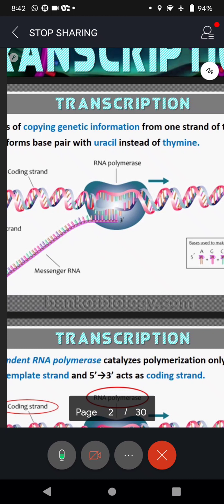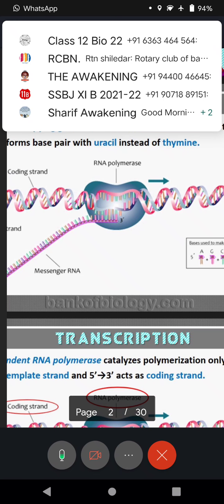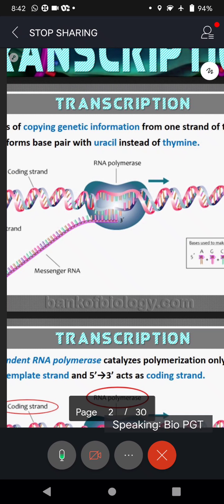The second one is rRNA, ribosomal RNA. That means it is an RNA present in the ribosomes, and that ribosomal RNA is actually responsible for protein synthesis. And the third one is tRNA, transfer RNA. Remember I said the clove shape, lavanga shape, tRNA, transfer RNA or transport RNA.